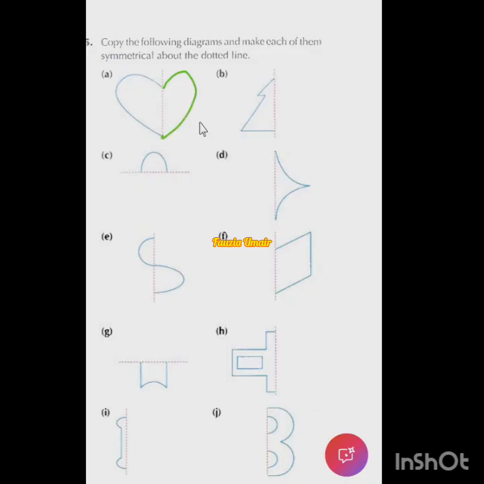Somehow ignore the accuracy, something like this. Usually this kind of question comes on grid paper, so you need to draw the exact same image. Do I need to solve all of them? No, ma'am, I know already.